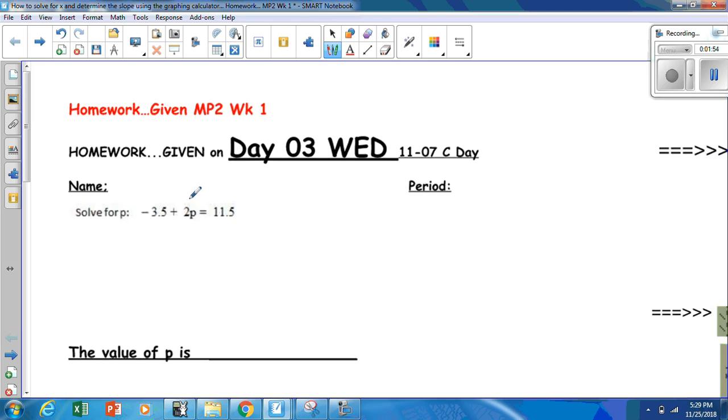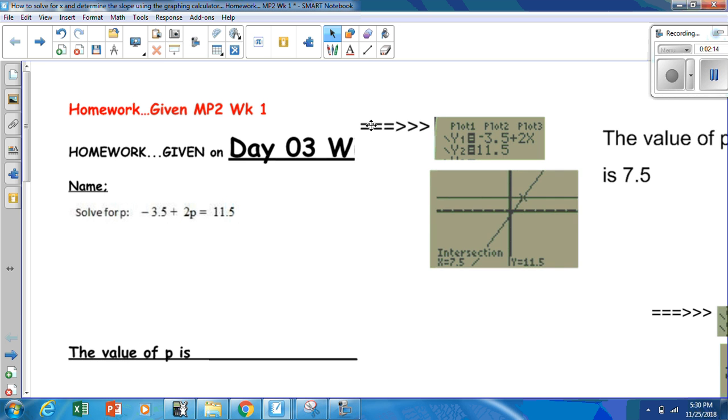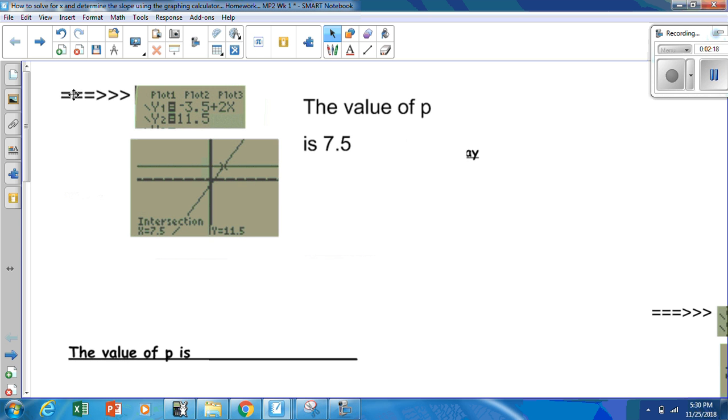But we're doing something that is more useful in my mind. We're going to use the graphing calculator. So what you'll find me asking you to do is to set the left side equal to y1 and the right side equal to y2, so that what we'll have is the following in our calculator.